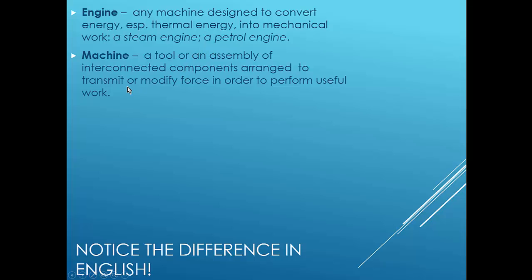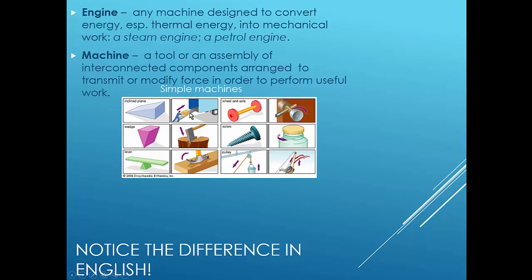Same thing for a machine. It can either be a simple tool, or it could be an assembly of interconnected components, parts, that are arranged together in order to transmit force or modify force in order to perform useful work. So when you say machine in English, you're thinking of a big complicated engine.